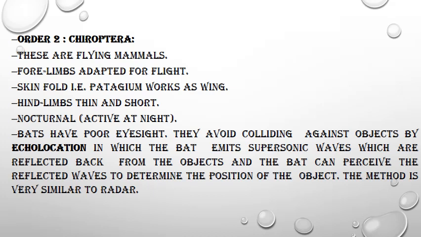Bats have poor eyesight, they avoid colliding against objects by echolocation, in which the bat emits supersonic waves which are reflected back from the object, and the bat can perceive the reflected waves to determine the position of the object. The method is very similar to radar.